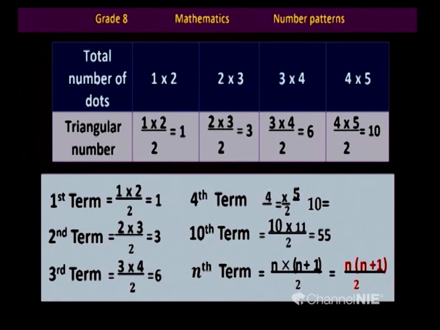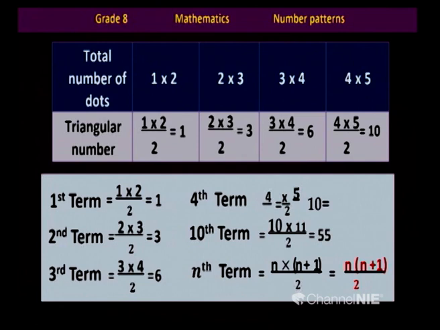Then likewise, the 10th term can be obtained by multiplying 10 with 11 divided by 2. So, 10 multiplied by 11 means 110, divided by 2 is 55. According to the same method, we can construct an algebraic expression for the nth term.